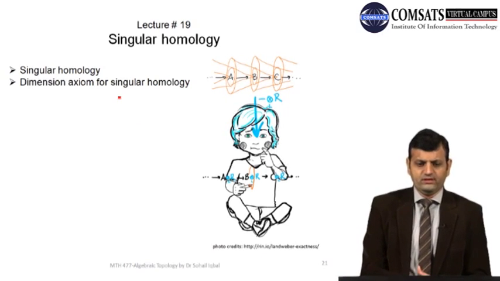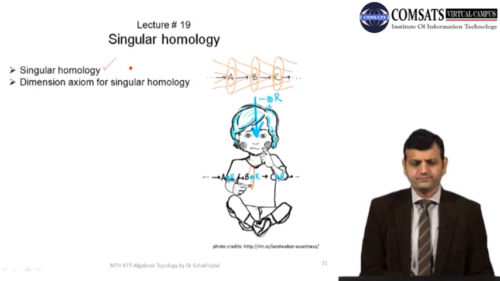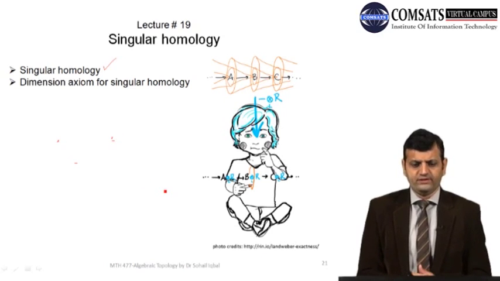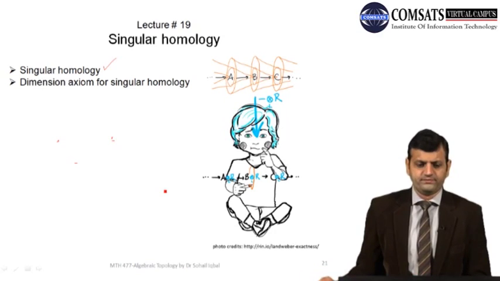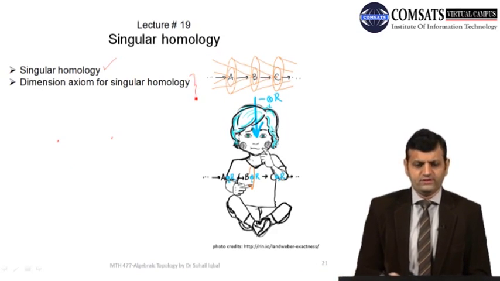Moving on to lecture number 19, we started the new idea of singular homology. To define singular homology we needed a chain complex, where the nodes are free abelian groups generated by singular chains, or singular complexes. Then we discussed the dimension axiom for singular homology.